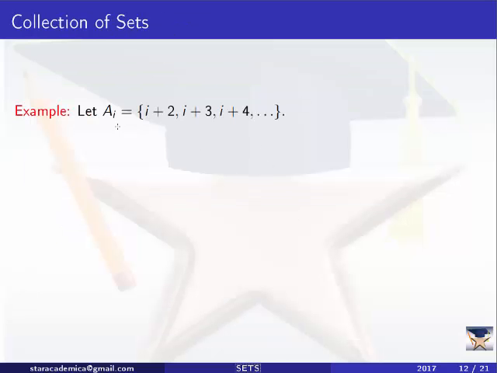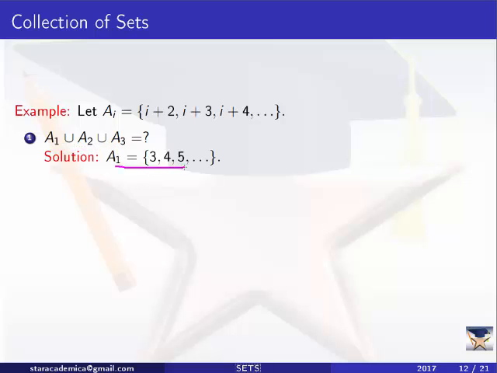Let's look at an example. The set Ai is i plus 2, i plus 3, i plus 4, and it continues up to infinity, keeps repeating forever. And the first question will be, what is the union of these three sets? So we need to understand these sets first. What is A1? We start with 1 plus 2, which is 3.